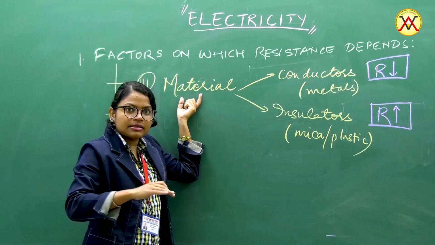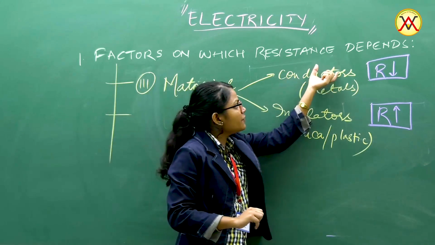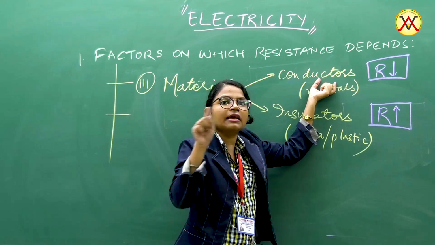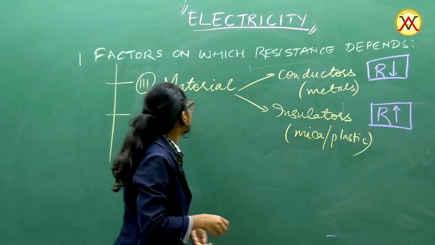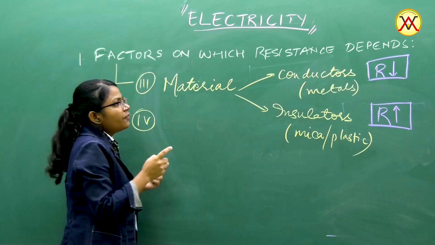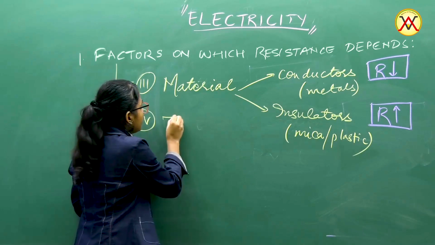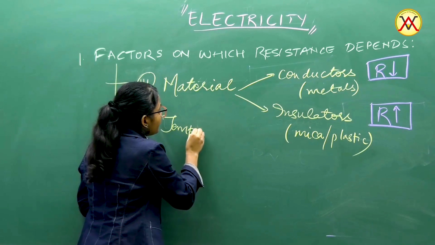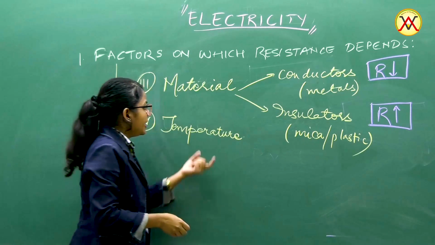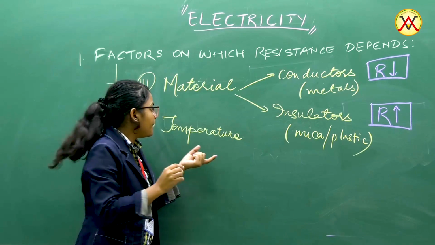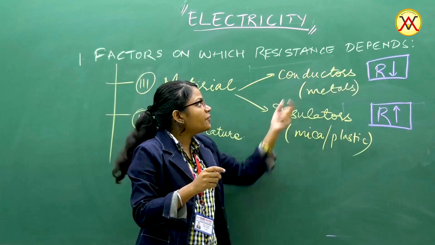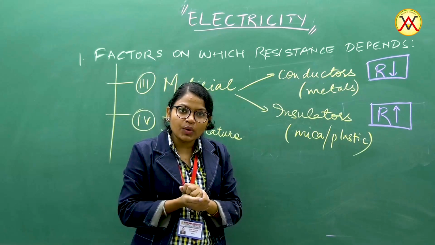In all the cases hereinafter, we shall be considering our material as conductors, which we shall be using in our circuit. Alright. There is also one more factor on which our resistance depends. That factor is known as temperature. It is not in our board syllabus, but broadly speaking, whenever the temperature of our conductor increases, what happens?